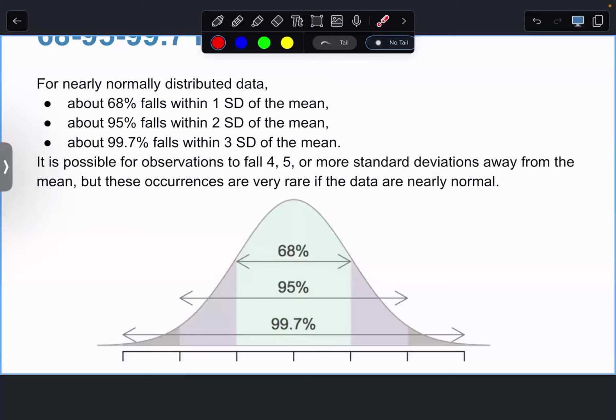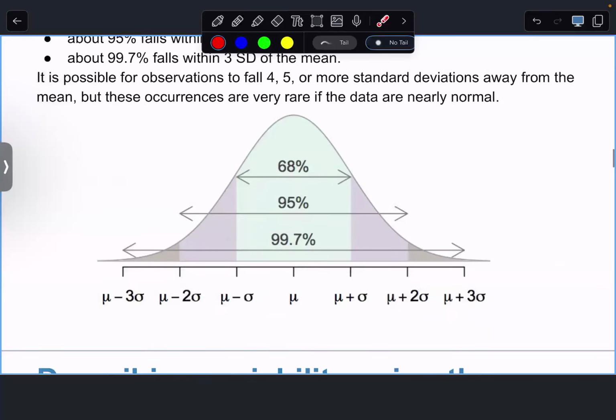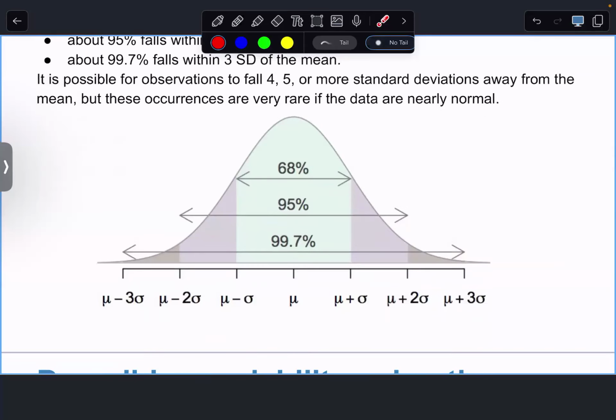Knowing these areas, we can do extra things. This behaves like the table, right? Because if I know that my mean is here, then I know I have 0.5 this way, and I have 0.5 this way.